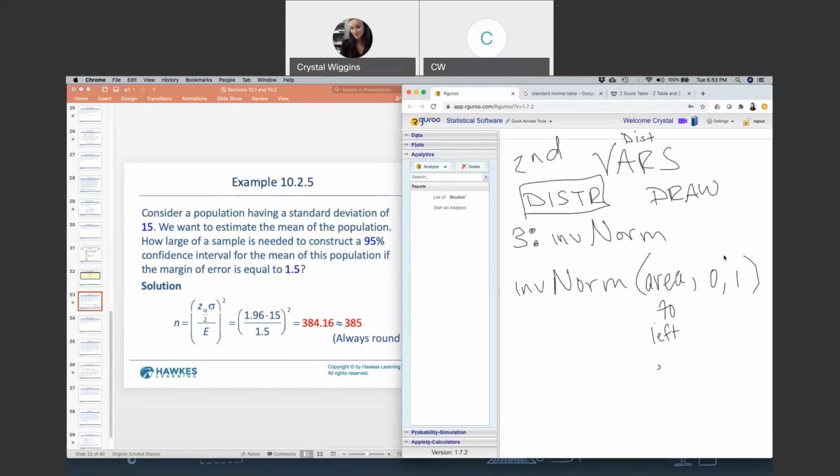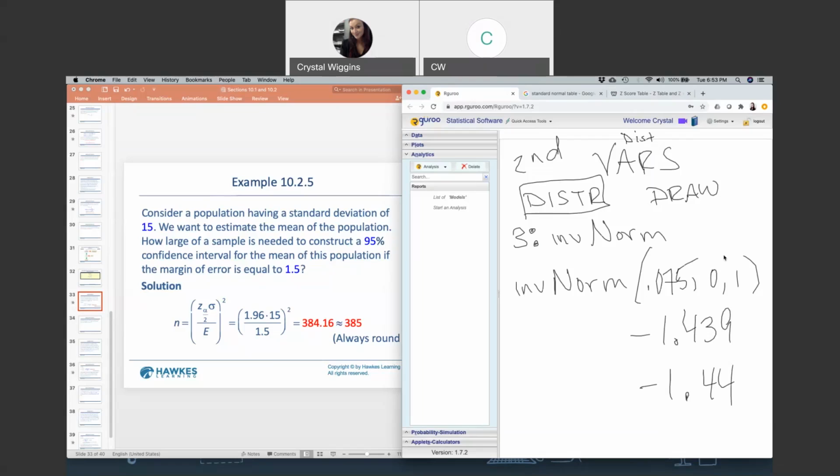Our area to the left for this problem is 0.075. And then we hit enter. So for a specific example, you should see in your home screen, let me erase this out of here, 0.075, 0, 1. And we see that the Z-score is negative 1.439, blah, blah, blah, which rounds to negative 1.44 as we already saw with the distribution table.